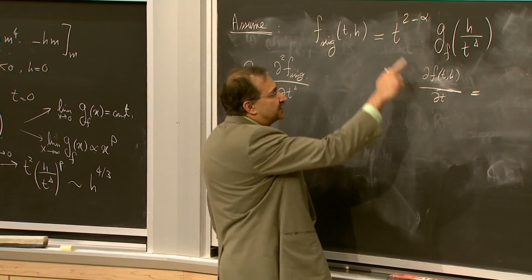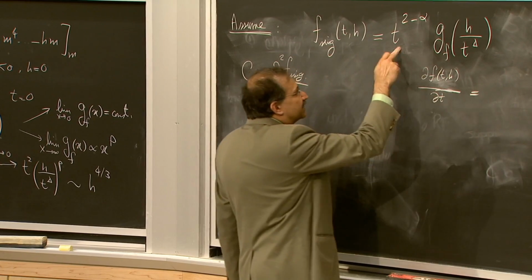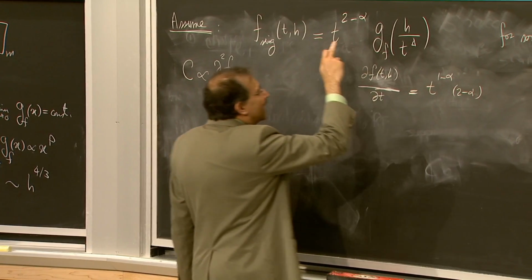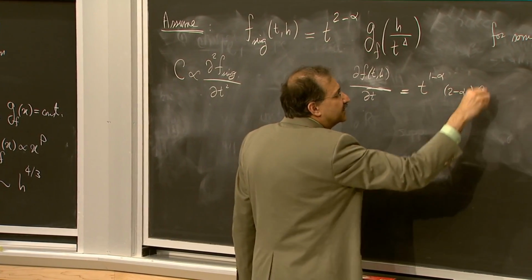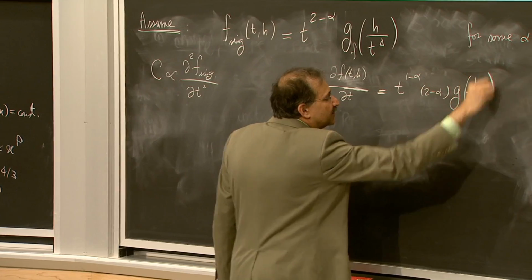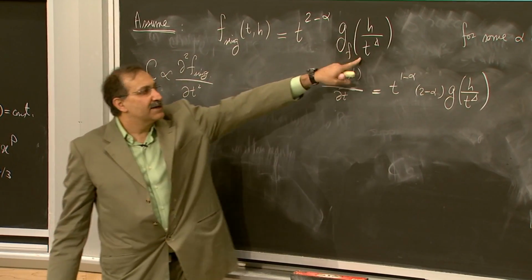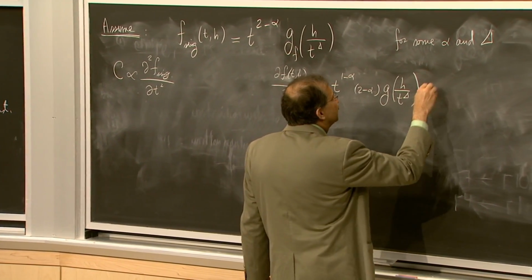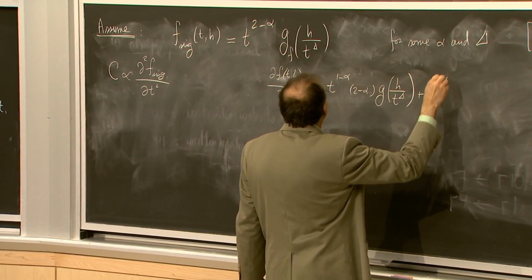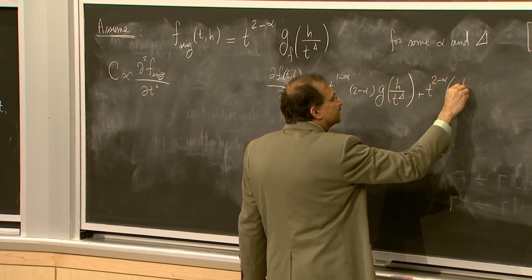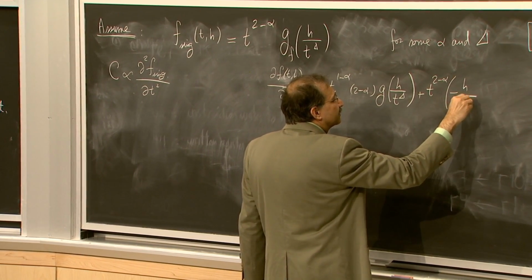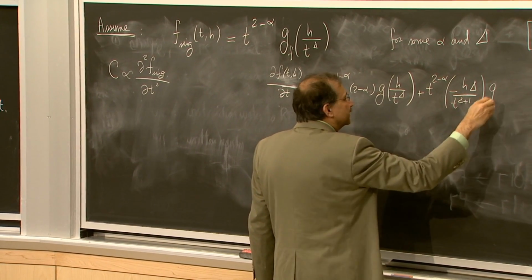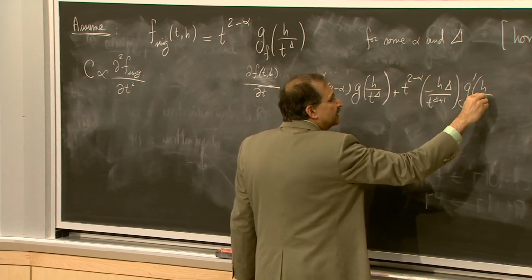If I take one derivative with respect to t, that derivative can either act on this, leaving the function unchanged, or it can act on the argument of the function and give me t to the 2 minus alpha. I will have minus h t to the power of delta plus 1. There will be a factor of delta, and then I will have the derivative function of h over t to the delta.